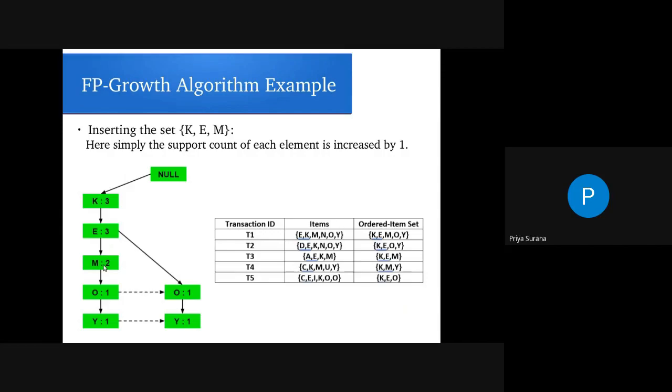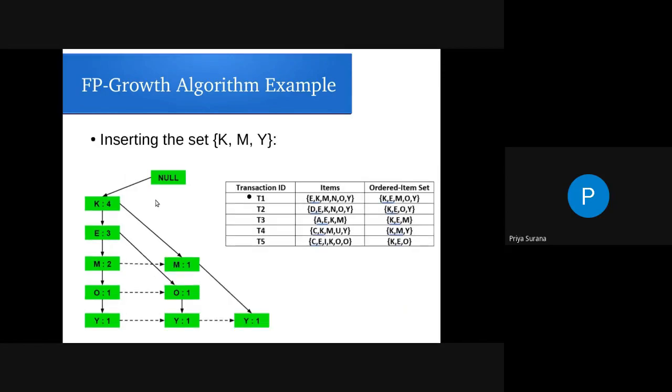Okay. Now we will go for T4. So T4, which element we need to insert? K, M, Y. So K is present, we will increment it by 1, it will become 4. But in sequence, M is not there.